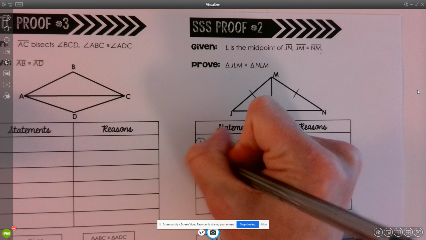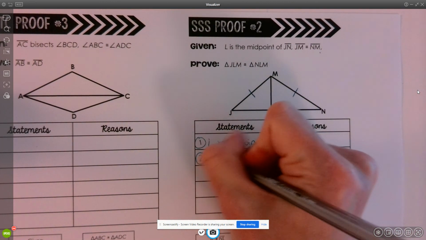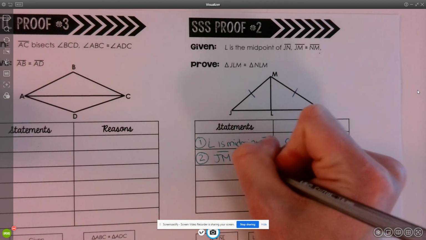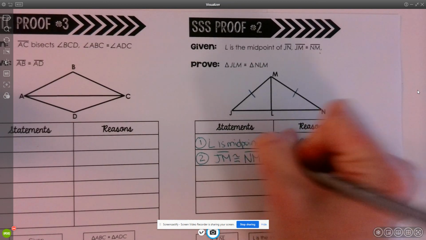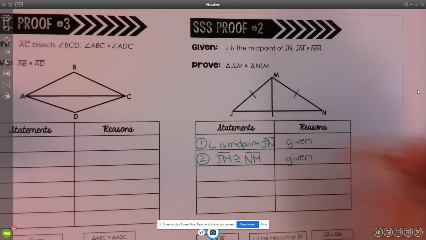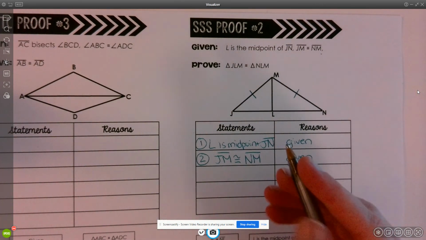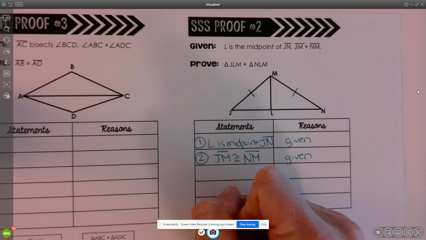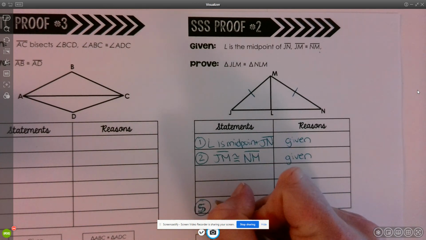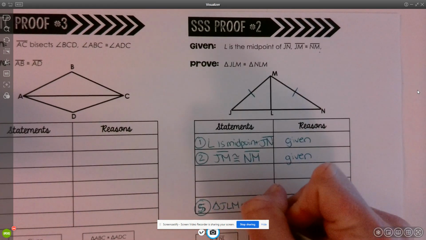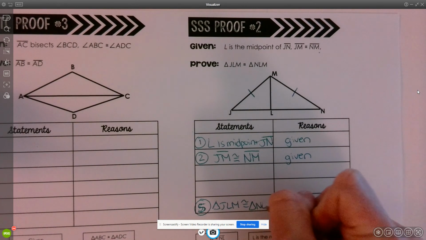That is another thing that is given to us. And I know at the end I am trying to prove that triangle JLM is congruent to triangle NLM.